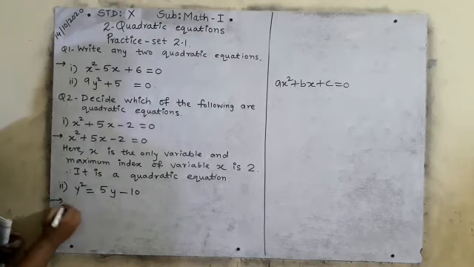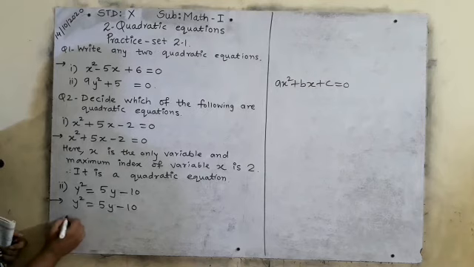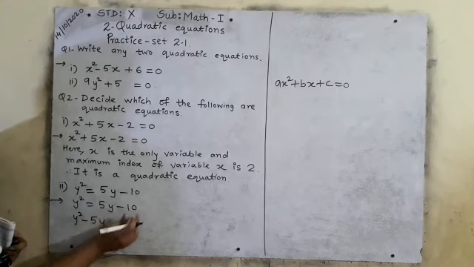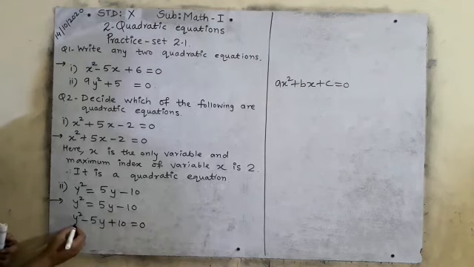So what will you do first? First you will write the question as it is. Now you will write y square, this 5y will come to the left hand side, it will be minus 5y, and this minus 10 will come to the left hand side, it will be plus 10 is equals to 0. So is it a quadratic equation? Now you will decide.